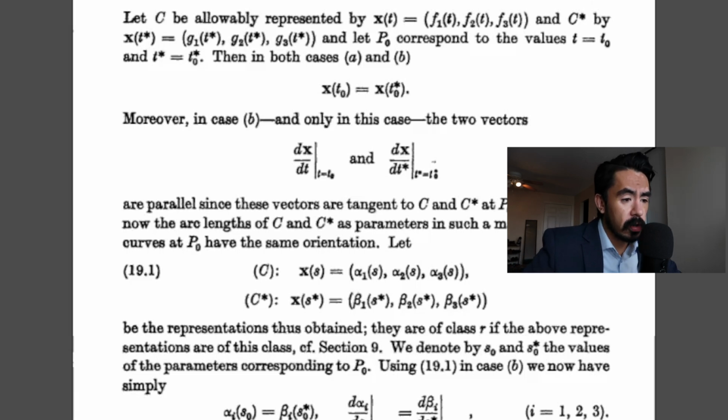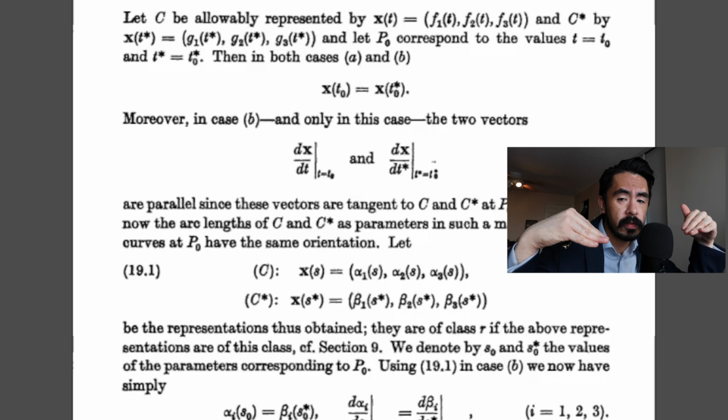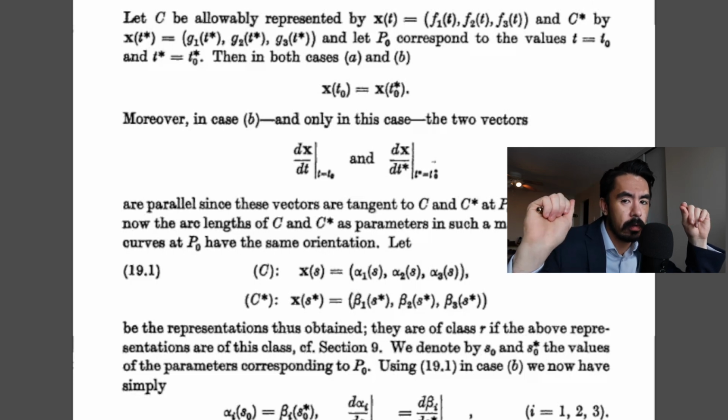And let P naught correspond to the values t equal to t naught and t star equal to t star naught. I will remind you guys that allowably represented here just means that we do not have all of the derivatives of these vector parametric representations vanishing. So when you do derivatives of these individual functions, f1, f2, f3, you can't do a first derivative, say, and then all of them go to 0. That is not an allowable representation.